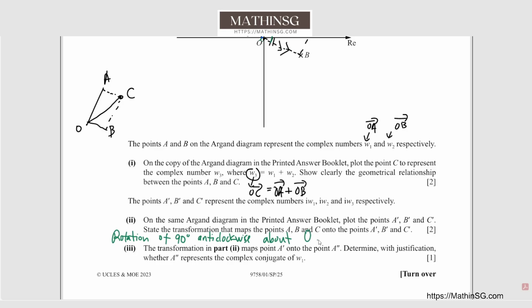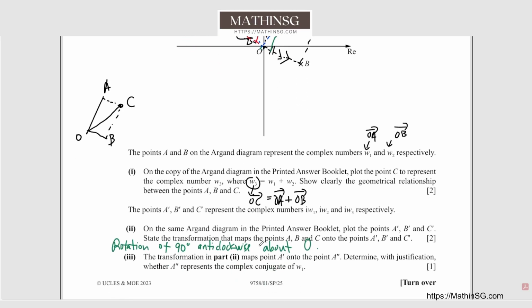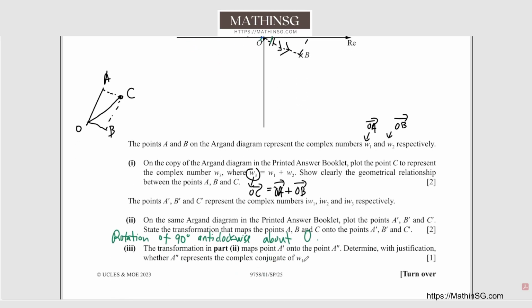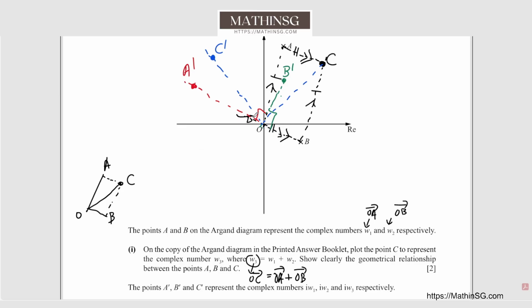Next, part 3: the transformation in part 2 maps A prime into A prime prime. So what is this transformation? It's basically a rotation of 90 degrees anti-clockwise about O. So to go from A prime to A prime prime, I'll rotate OA prime 90 degrees again anti-clockwise about the origin.